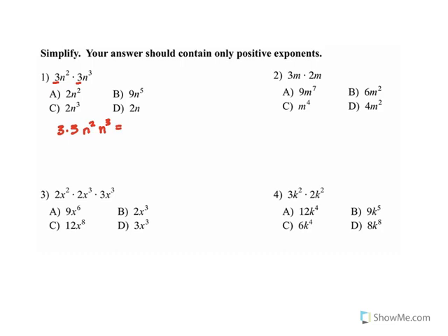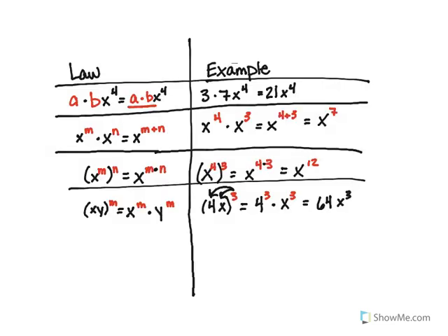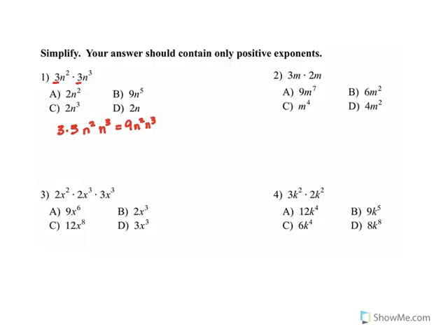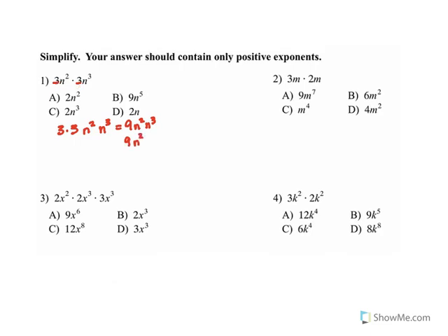So let's simplify this first. We have 9, because 3 times 3 is 9. Then we have n squared and n to the third. Let's look back at our rules, and that looks like this rule. So we can see that we need to add those exponents. So we're going to go ahead and do that. So we're going to have 9, then we have n to the 2 plus 3.